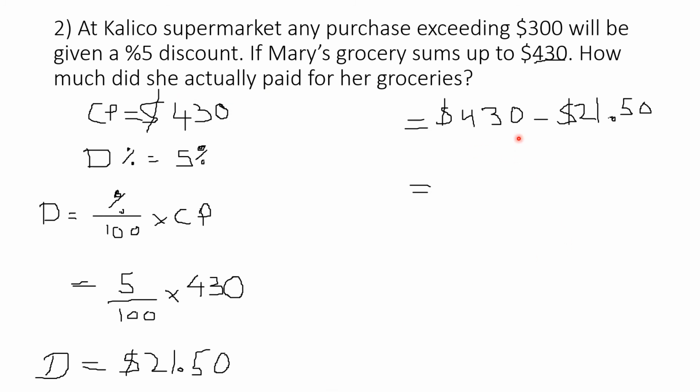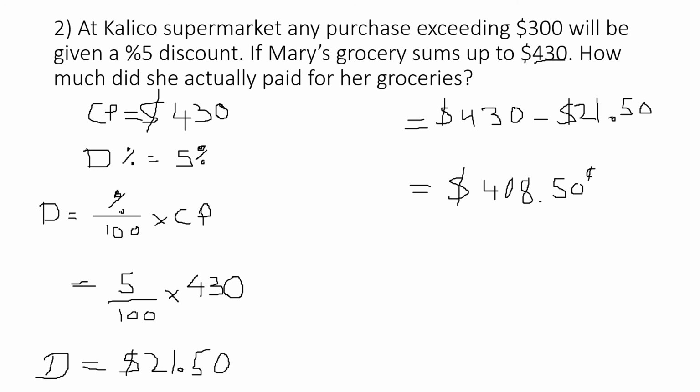She paid $430 minus $21.50. And if my math serves me well, I think this would give me a total of $408.50. You could throw in your cent sign there.